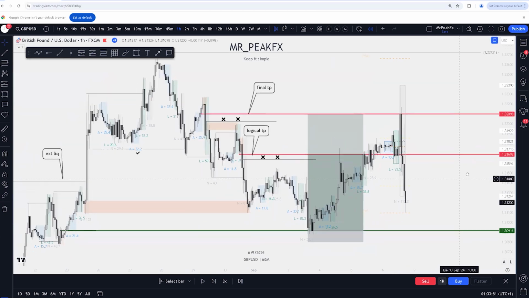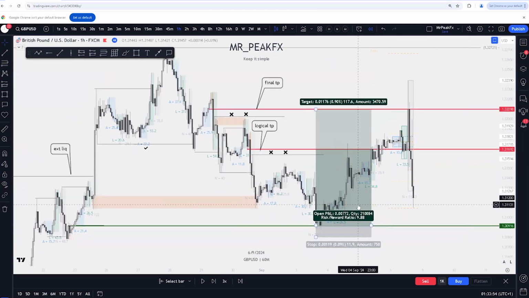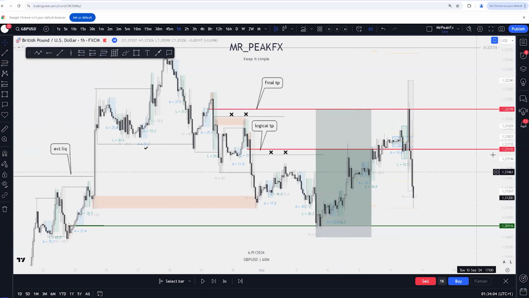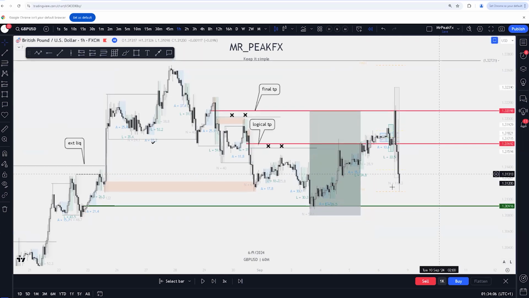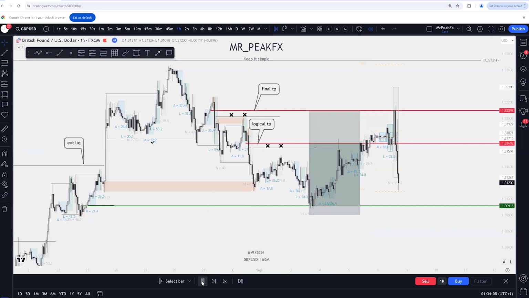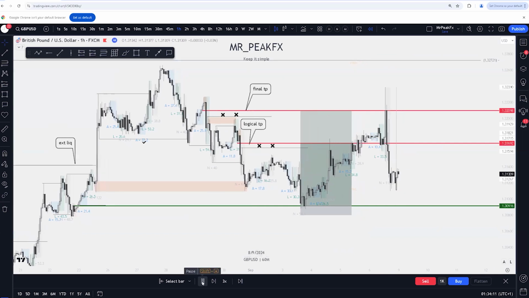So this is how I took very good profit, 117 pips, using an 11 pips zone, and I counter trend traded, just for price to continue moving to the downside. And of course, I didn't catch any of these sales, and price kept going downward.